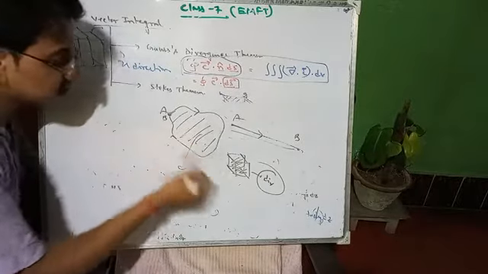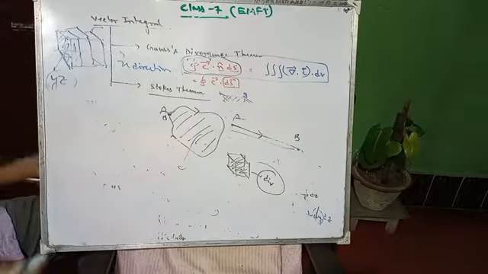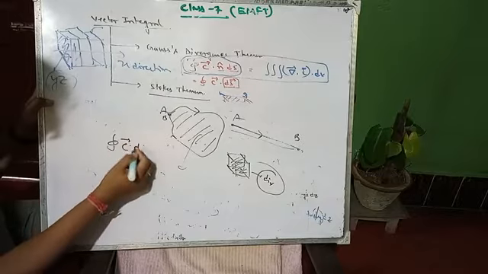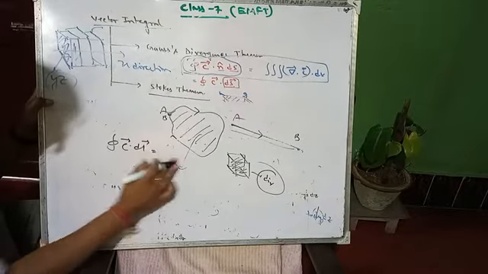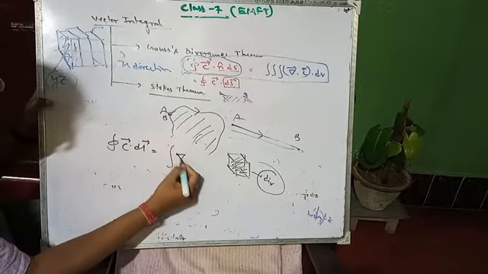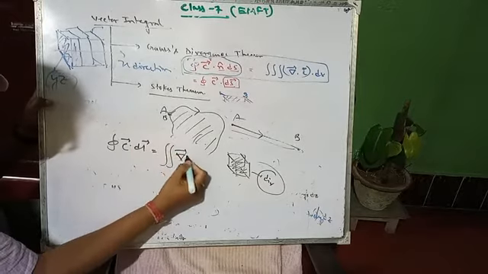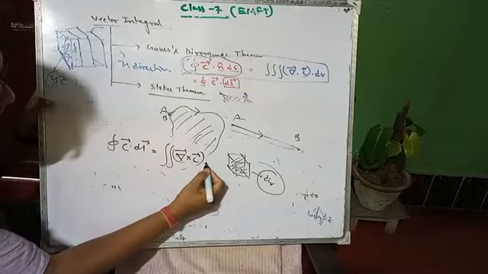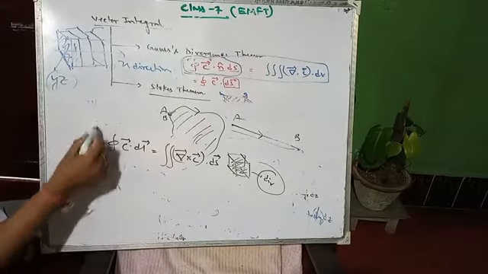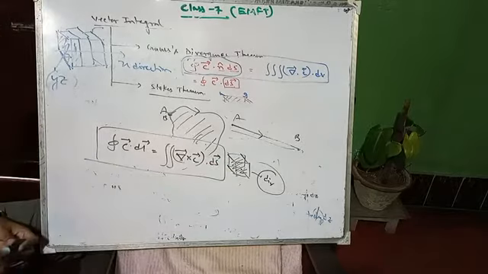So this is the concept for Stokes theorem. The statement is C dot dl equals the surface double integral of the curl of that vector field over a surface. So this is your Stokes theorem expression.